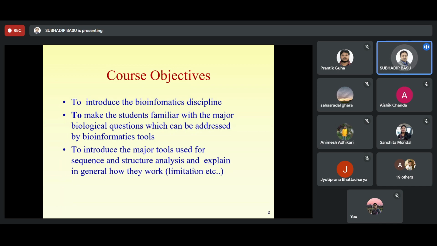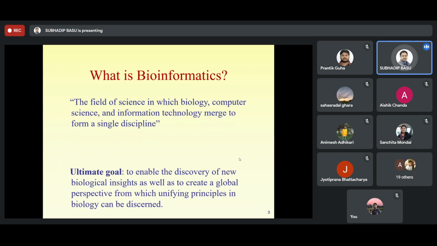So she then went abroad and is currently doing a PhD at the National University of Singapore. And since this is about course objectives, I consider that as an objective of this course. If I can at least trigger some interest in even one student, then I'll consider this course a successful one. So that is the objective.